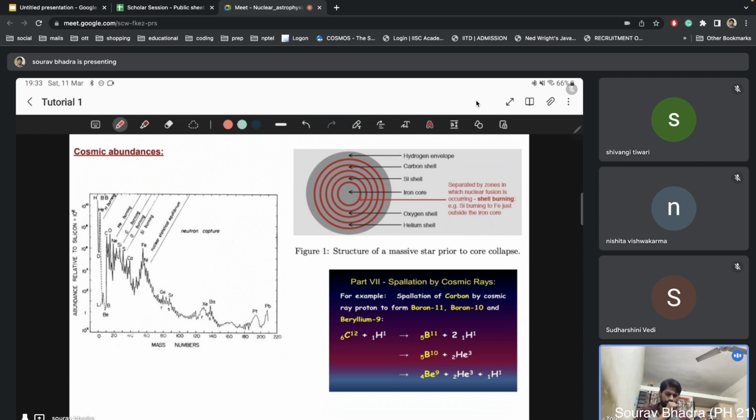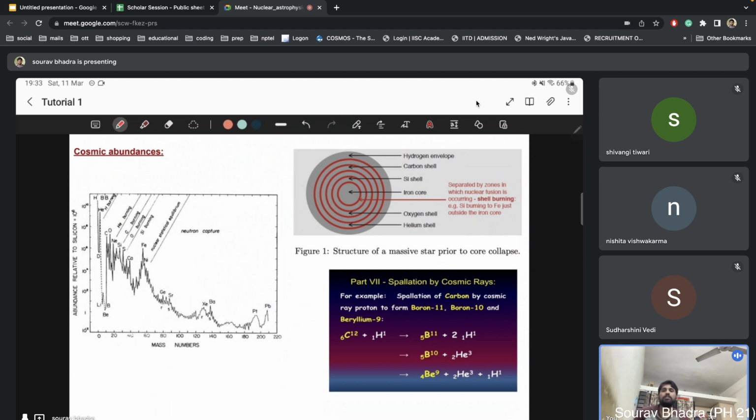But there is another point, the abundance is not homogeneous, because you can see there are various types of objects in the universe. There are stars, there is the ISM, that is the interstellar medium, which is the medium between two stars. There are cosmic rays also.